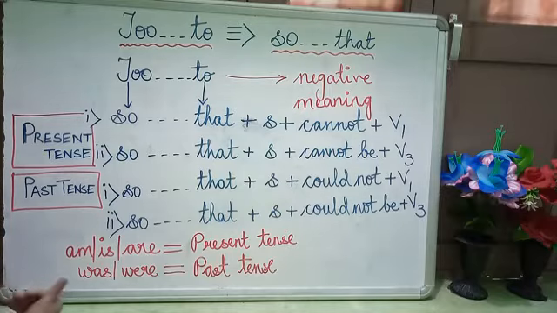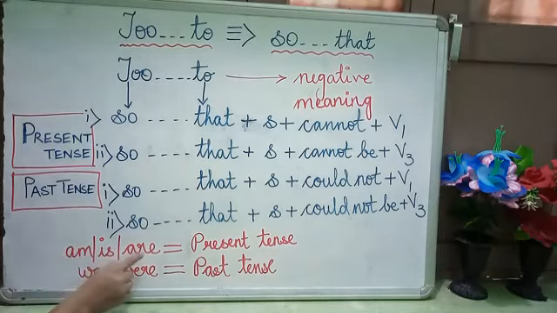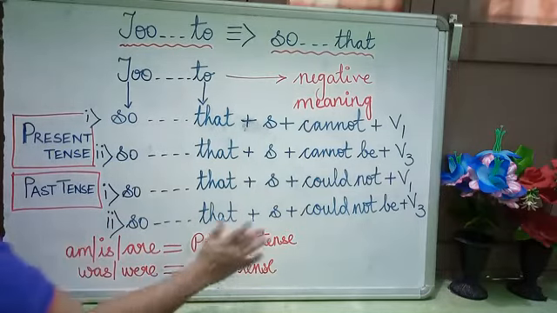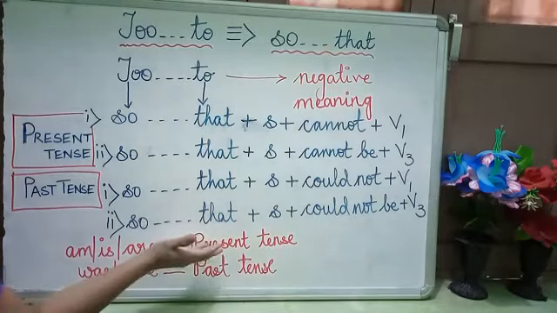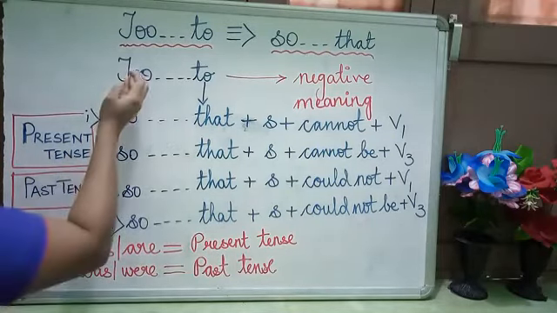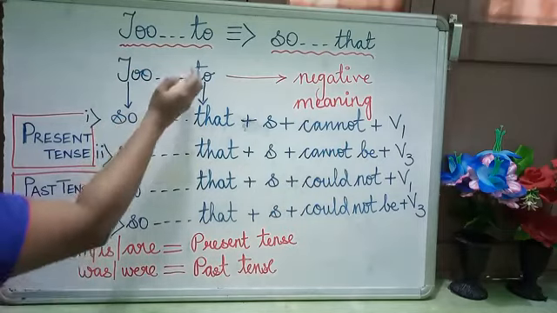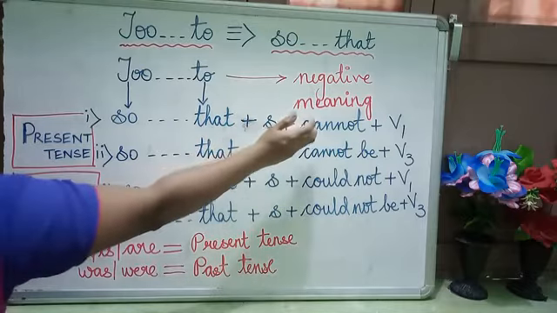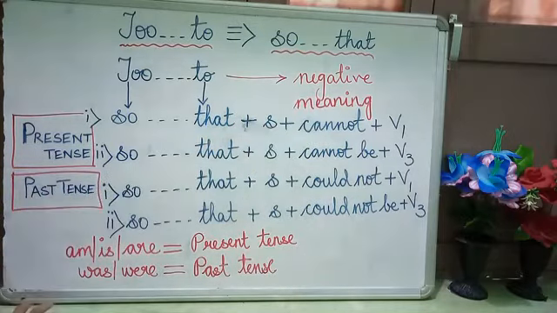If you find am, is, or are in the sentence, you will understand that the sentence is in present tense. So which rule will you follow? This rule: instead of "to" you will use "so", then "that", then subject, plus "cannot", plus verb 1.